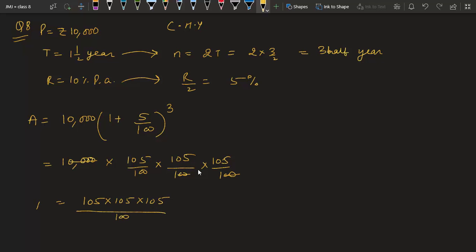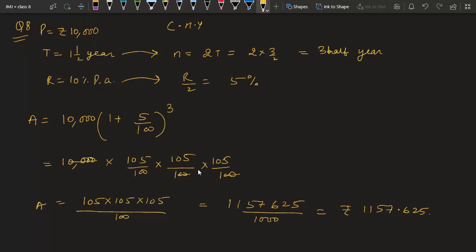This is the amount. It is equal to 1157625 upon 1000, that is rupees 1157.625. Now what is the next part? Okay, we have to find the compound interest also. Let's find that.